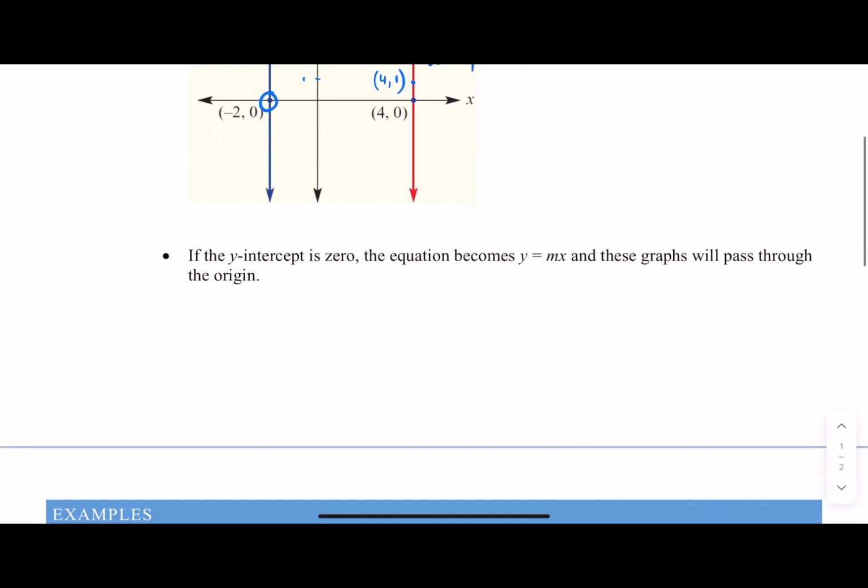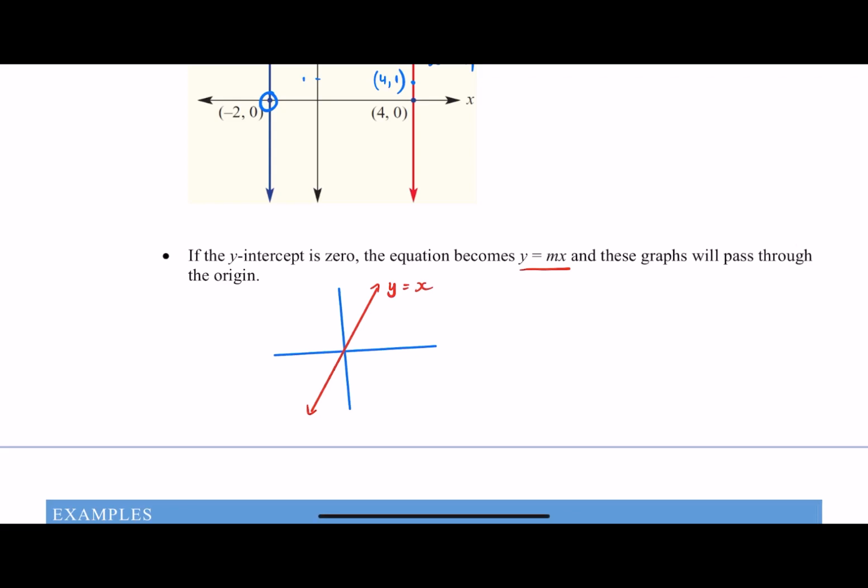Now, we looked at this the other day when we were looking at some lines. When I say y equals mx, that is a line that's going through the origin. So this could be the line y equals x.